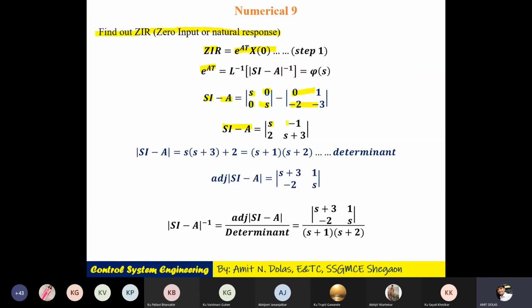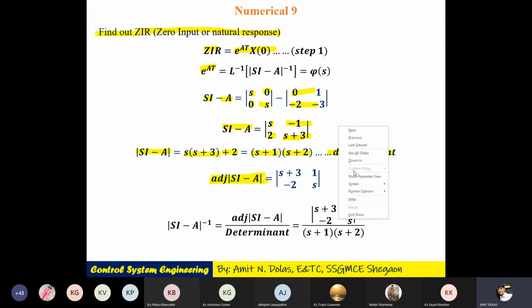You get [s, -1; 2, s plus 3]. Get the determinant. So this will be s into s plus 3 plus, sorry, minus 2 into minus 1, so that will be plus 2. So you may separate this as s plus 1 into s plus 2. This is the determinant. Once we get the determinant, we need the adjoint of sI minus A.